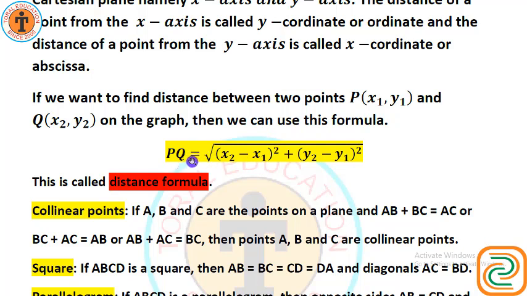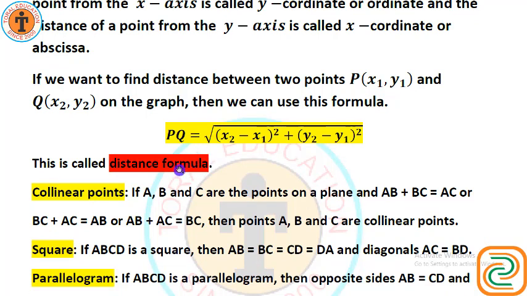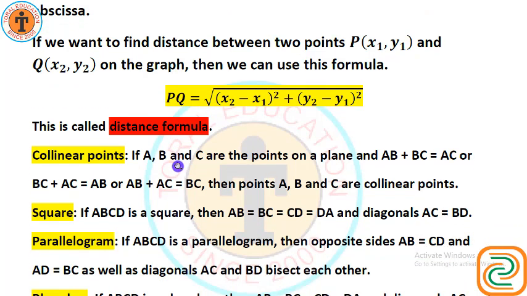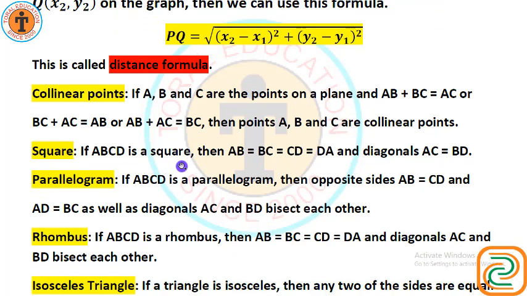Distance PQ equals to square root x2 minus x1 whole square and y2 minus y1 whole square, right? This formula is to be used to find out distance between 2 points on the graph, that is on the coordinate plane. This is distance formula. याद रखना distance formula.